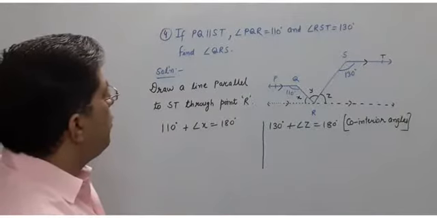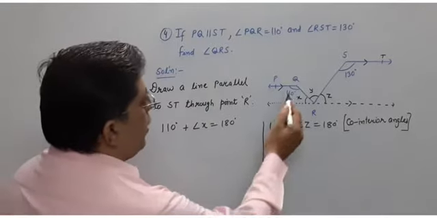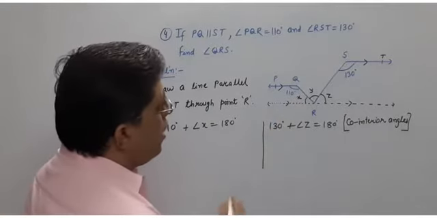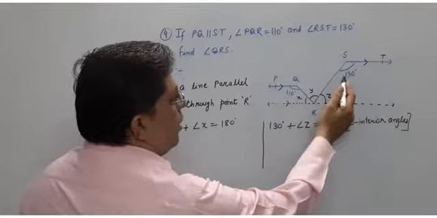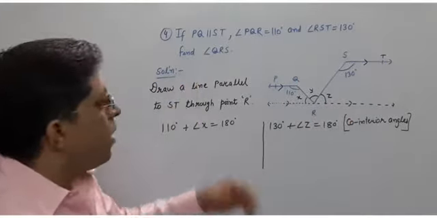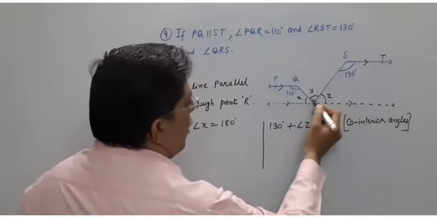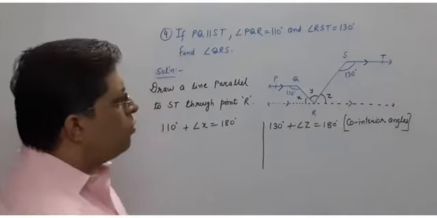PQ is parallel to ST and angle PQR is given to you as 110. And RST is given to you as 130 degree. Then what you have to find is angle QRS, this Y. So what to do?